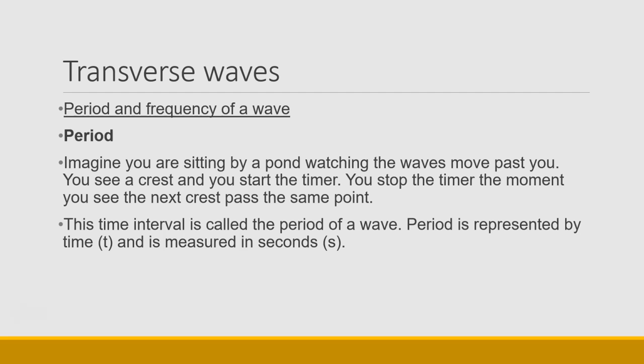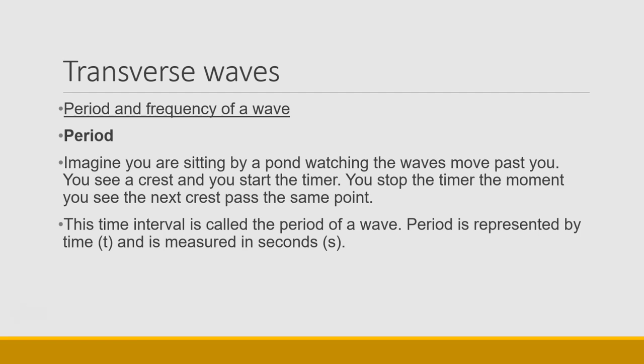Now, this amount of time that it took to get from one crest to the next crest is called the period of the wave. The period of the wave represents the time that it takes for one full cycle to pass a certain point in space.